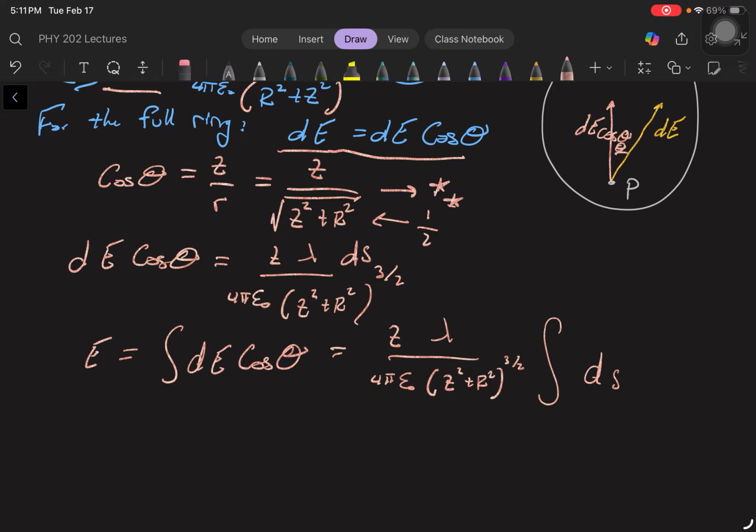and we want to go in a full circle. So we go from 0 to 2 pi r. And if we integrate this, we just get 2 pi r minus 0 is equal to 2 pi r, because the integral of ds is just equal to s.